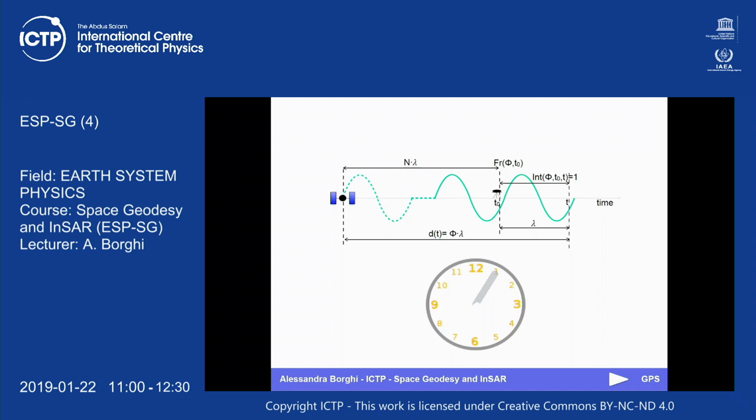And when I came back, I don't know how much time has passed from when I went out to when I came in. But for this moment, I look, and I say 12:05. So I can start again to count the time, looking at the integer cycles, 1 hour, 2 hours, 3 hours, and so on. But we don't know the time before. It's more or less the same problem.